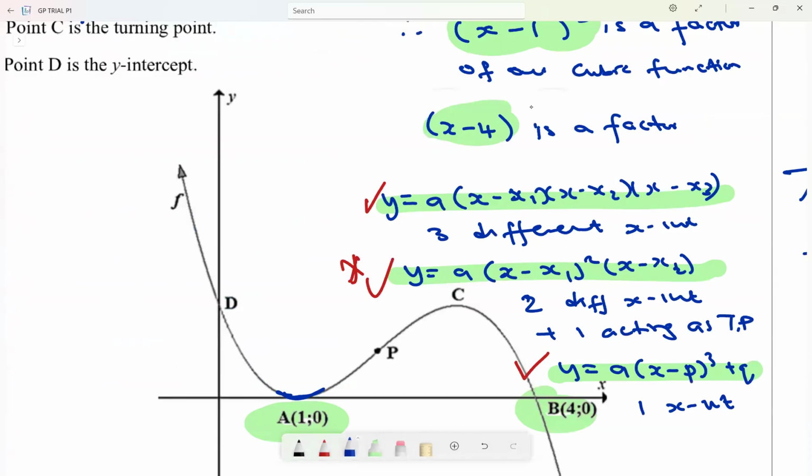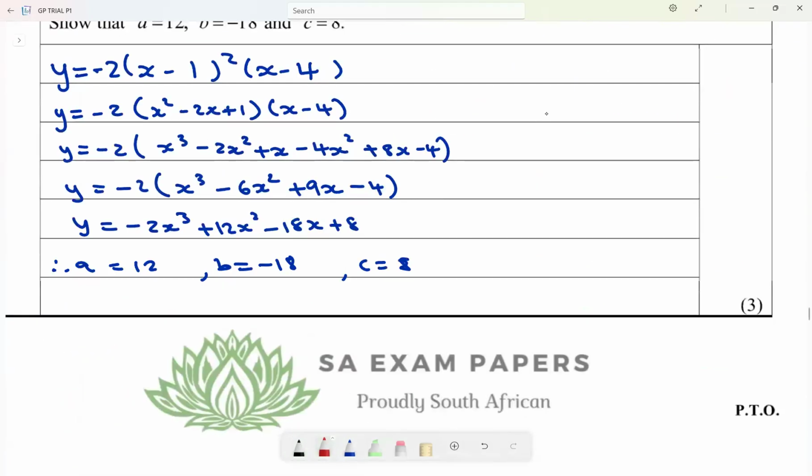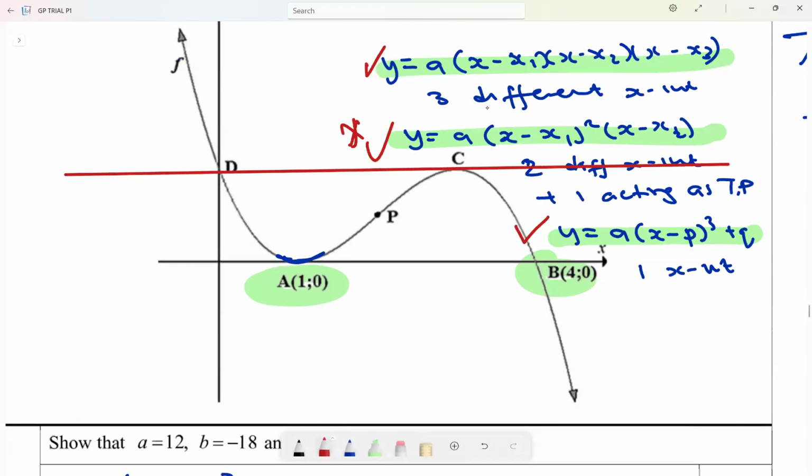Okay, the statement is that we have a tangent that passes through C and D. So how can we validate this statement? By the way, we already know the coordinates of D. D is the y-intercept, and we know D is just c, so this is just 8. This is going to be a tangent.